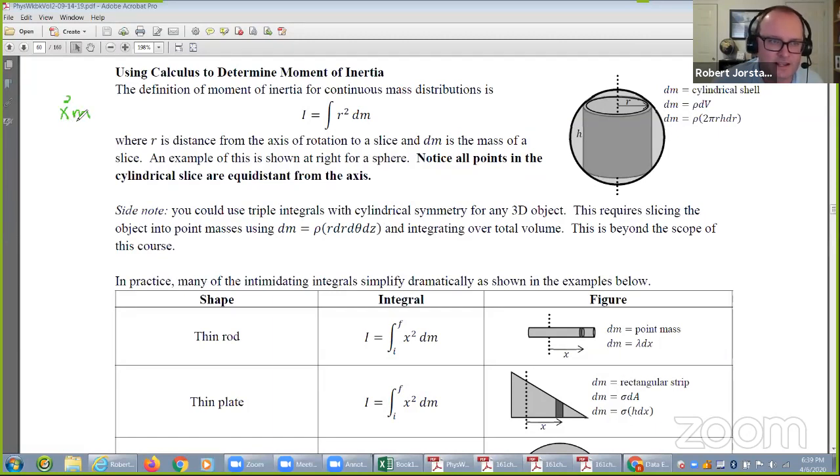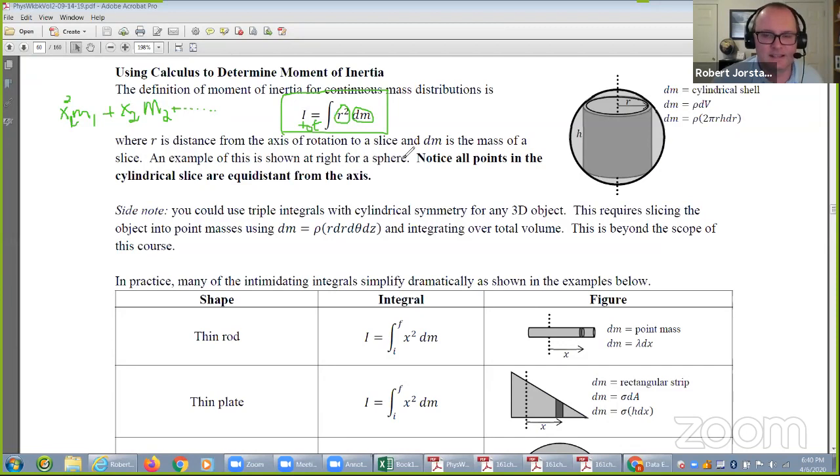You'd say this is x1, then maybe you'd have x2 times mass 2 plus ... and you could just keep adding up point masses. Well, that's the same thing as doing an integral. The total moment of inertia comes from adding up the distance from the axis for each slice.